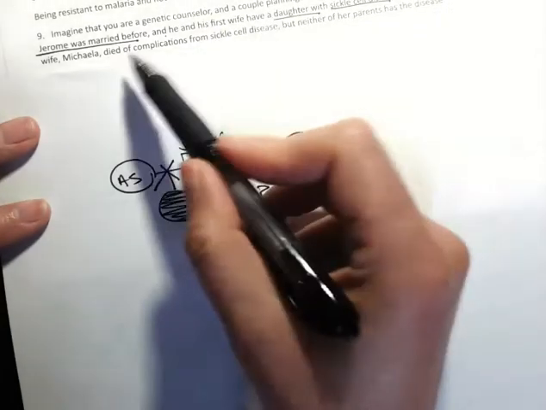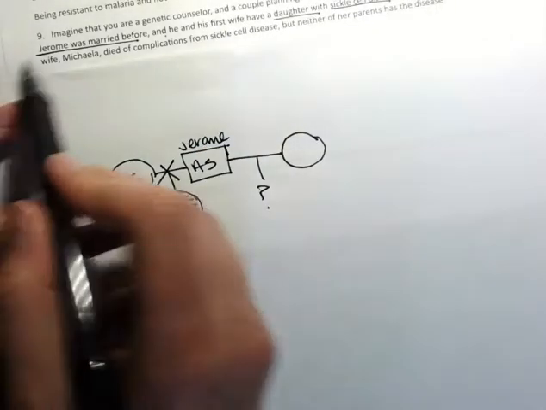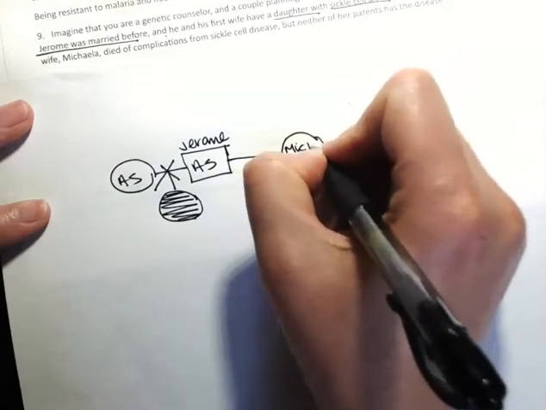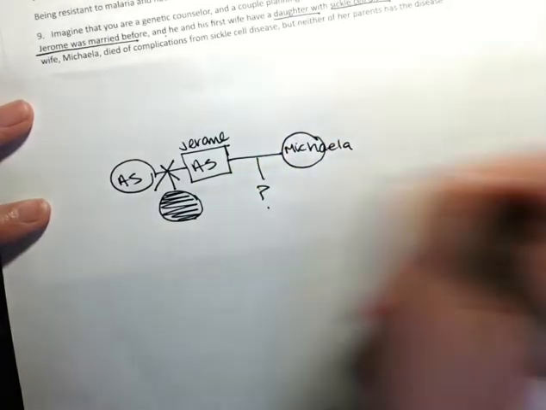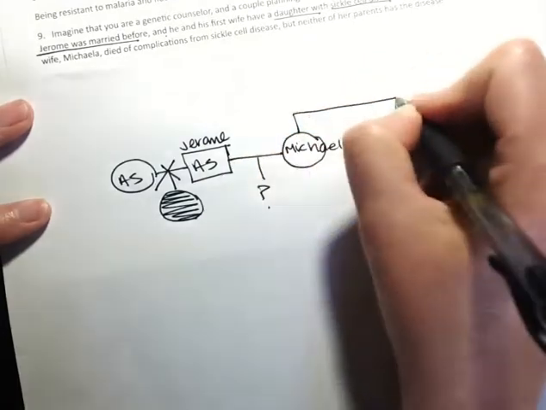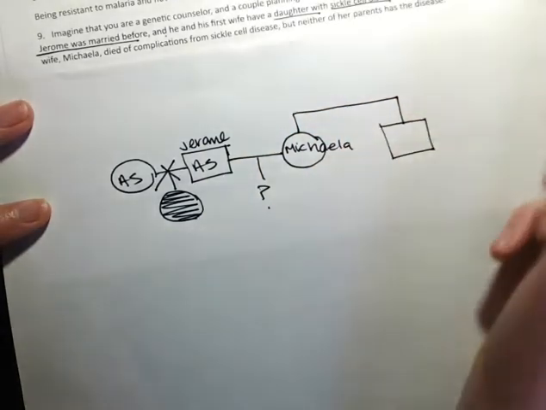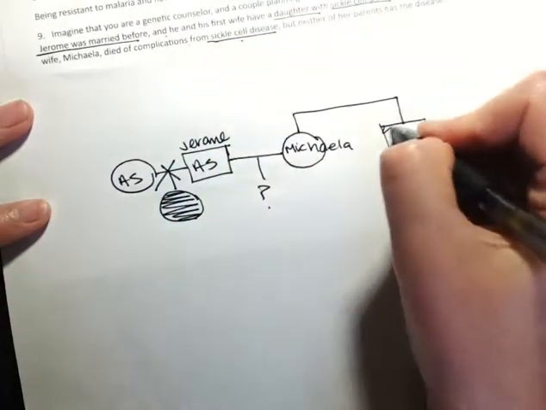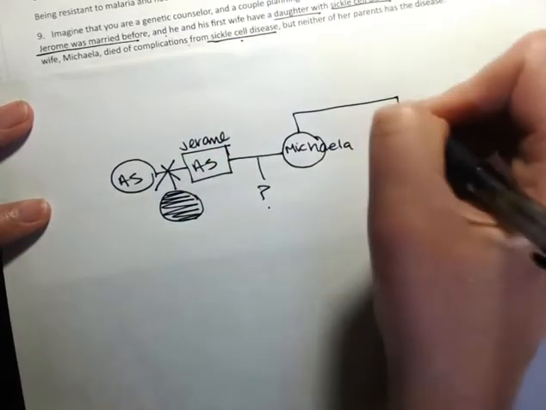Okay. The brother of his current wife, Michaela, so this is Michaela. So she has a brother. Died of complications from sickle cell disease, so he definitely had it.